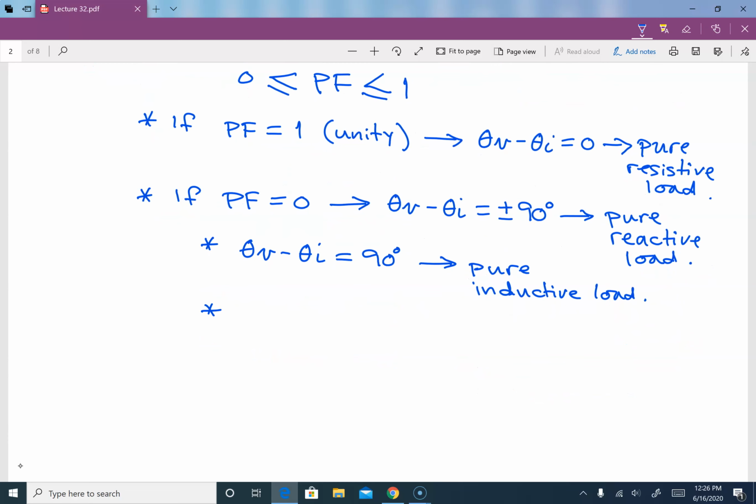And the second case, that if theta V minus theta I is equal to negative 90 degrees, then we can say a pure capacitive load.